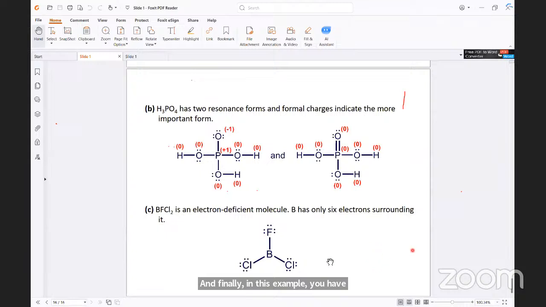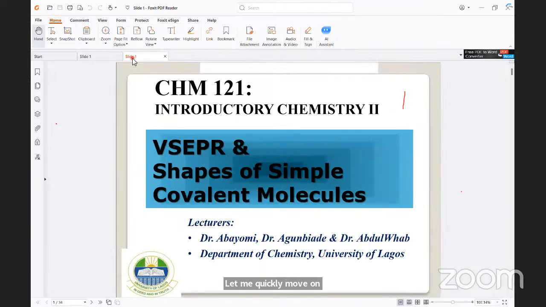Let me quickly move on to a principle that will explain the valence shell electron pair repulsion theory. I will just introduce the principle, and on Wednesday we will take our time to discuss it in better detail.